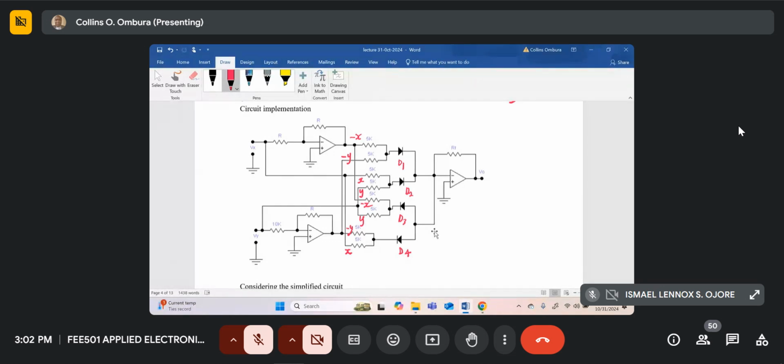We shall see how the diodes perform the squaring. But since you can see op-amps are cascaded, op-amps are quite slow. Op-amps suffer from offsets. This is just academic. No company is going to build anything like this. But it's there for academic purposes.